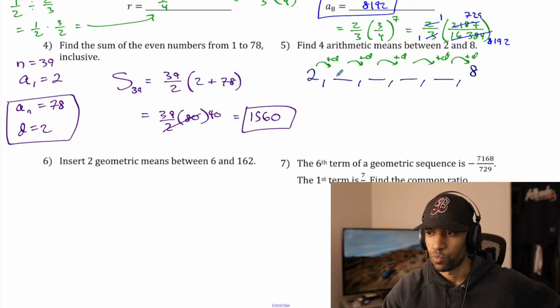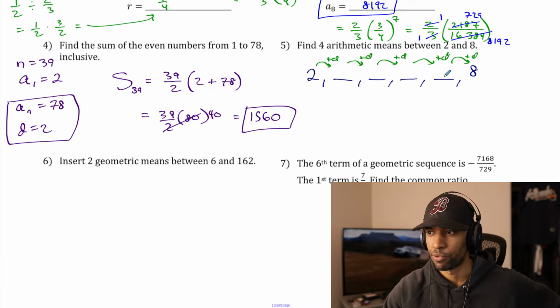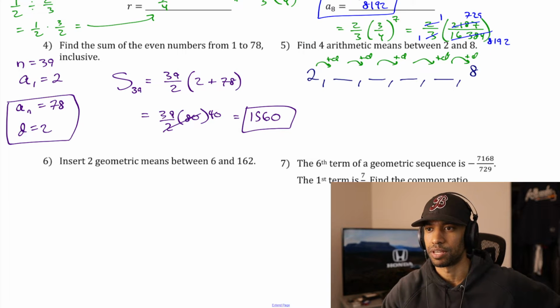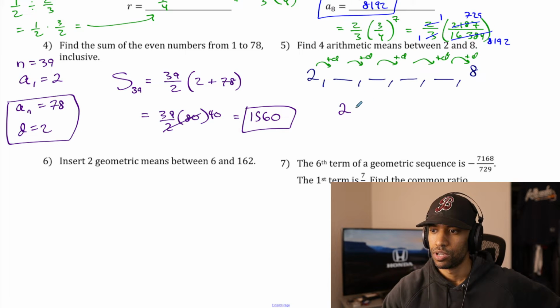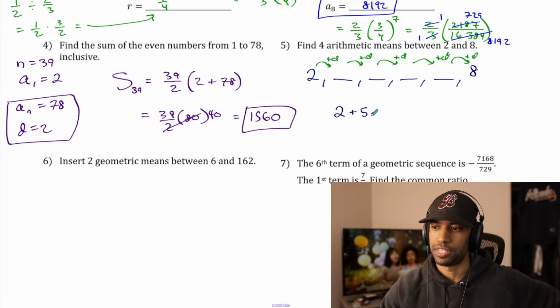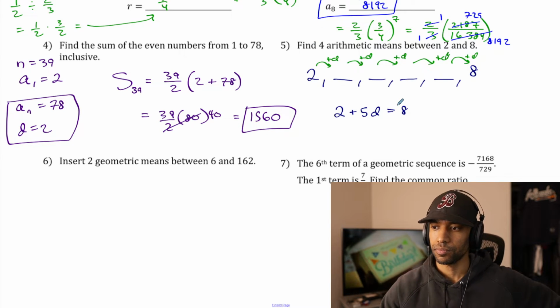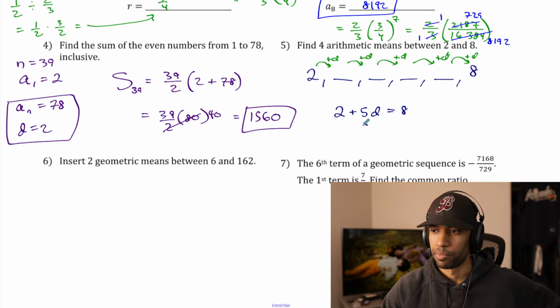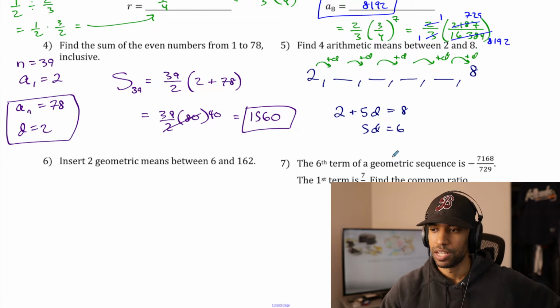Once, twice, 3 times, 4 times, and a 5th time, right? There's that 5th time to go. So this would be 2 plus 5d equals 8. Subtract 2 from both sides, you get 5d equals 6. Divide, you get d equals 6/5.